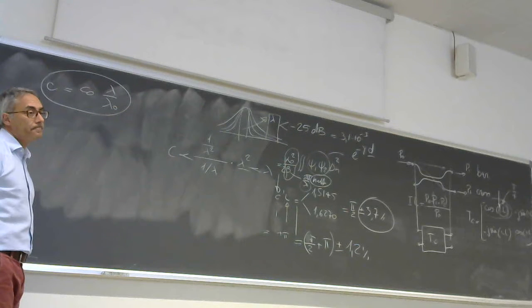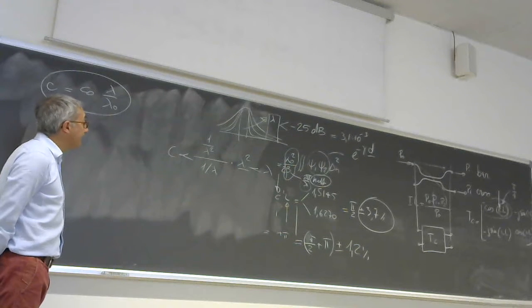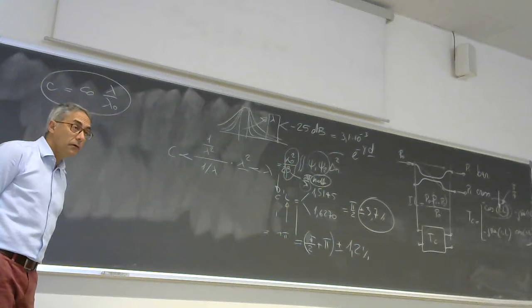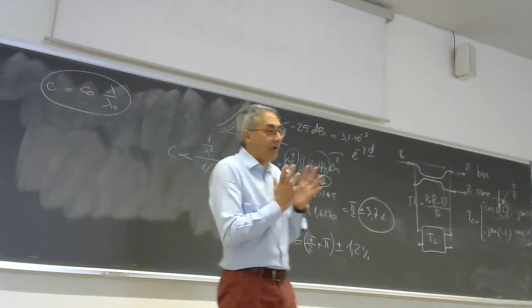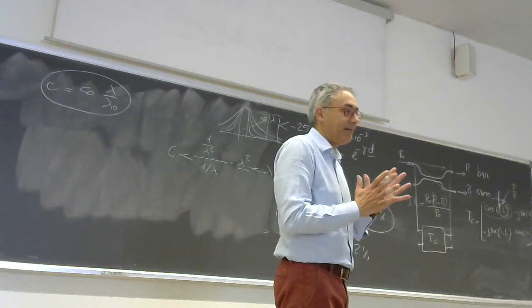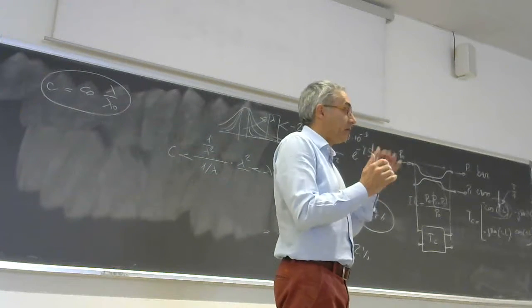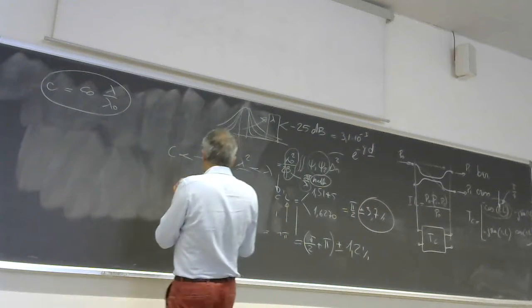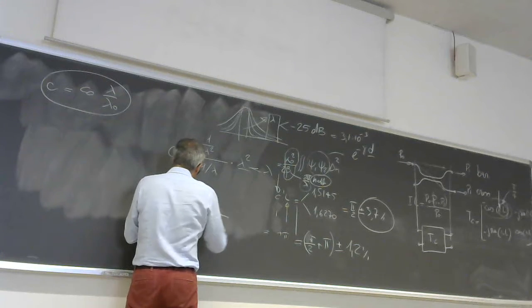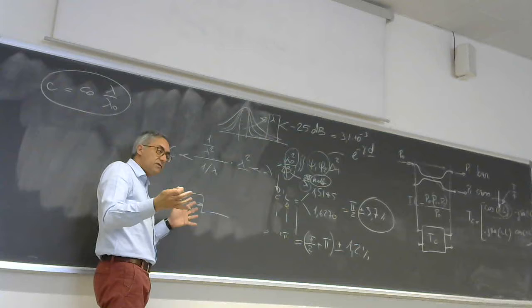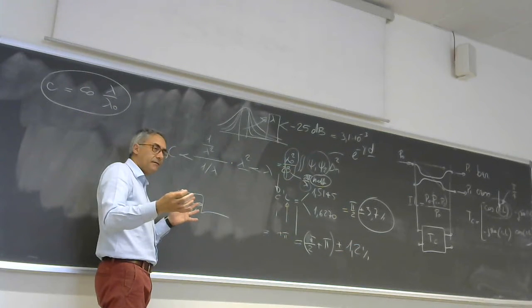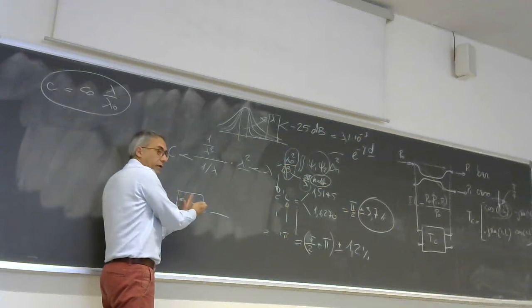When I increase the wavelength, I increase the confinement, right? It's more confined. No, it's the opposite. When you increase the wavelength, the waveguide becomes smaller on the wavelength scale. You have a waveguide with a given width. If you increase the wavelength, it's like decreasing the width.